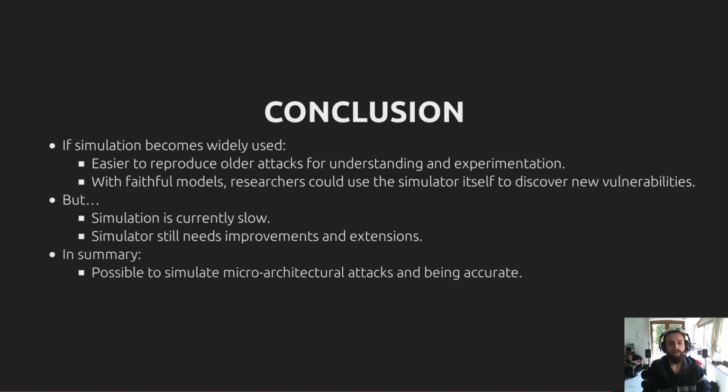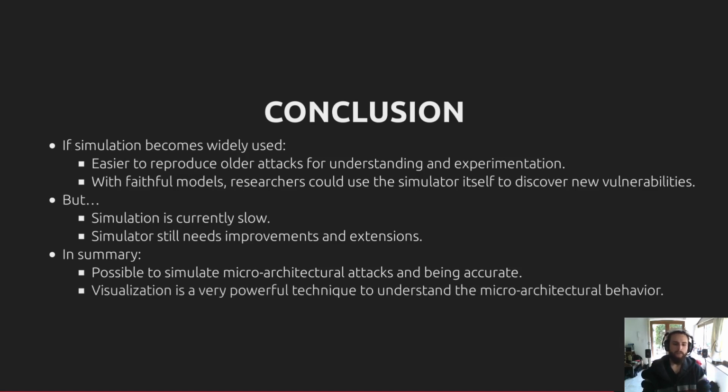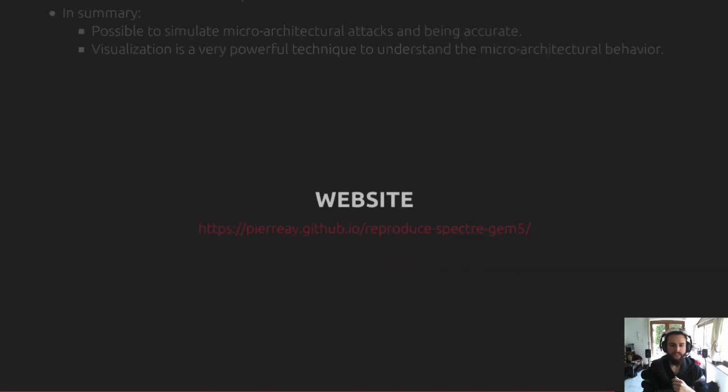So in summary, we saw that it's possible to simulate microarchitectural attacks. This is the first step, and also to be accurate in the simulation. And we also saw how visualization could be a very powerful technique to understand the microarchitectural behavior of the attack and to see what is really going on inside the CPU during an attack.